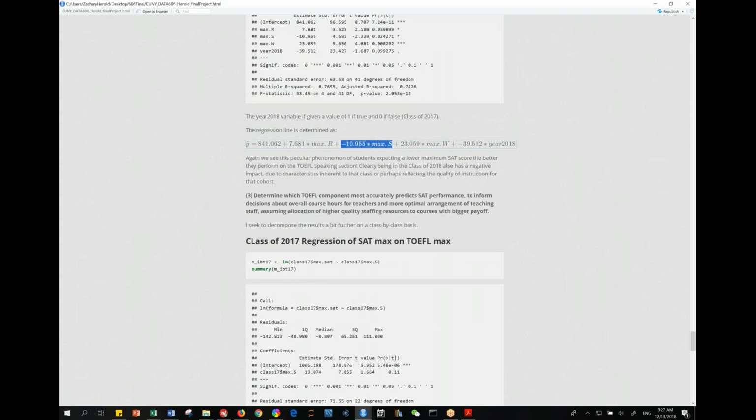Yeah, and it is hard to rationalize. The other things are a bit easier to rationalize, like the number of attempts, for example. The more the student did the TOEFL, the more likely they would be on that curriculum and have less time for the SAT related curriculum. So it seems like number of attempts of TOEFL would correlate with overall SAT performance negatively.